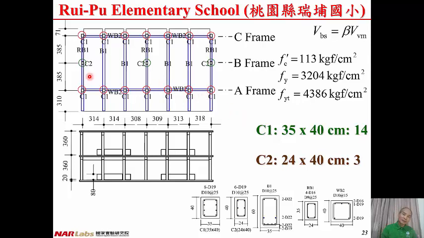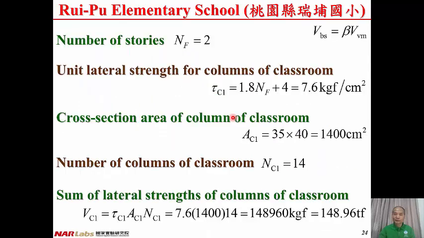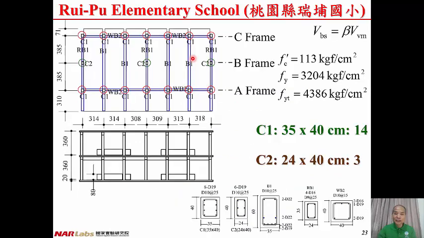And embedded in the brick partition wall, there's a column of C2, and the dimension of C2 is 24 centimeters by 40 centimeters. There are totally 3 columns. 1, 2, 3. 3 columns of partition wall. And the total number of stories, NF equal to 2, first floor, second floor.